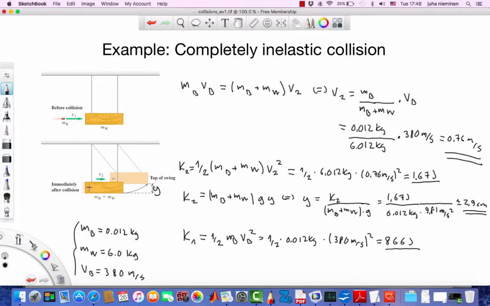So we see strikingly how in a completely inelastic collision like this, the energy is nowhere near conserved, but the momentum is. And that holds true for all collisions. Momentum will be conserved, but you have to be careful about the conservation of energy.